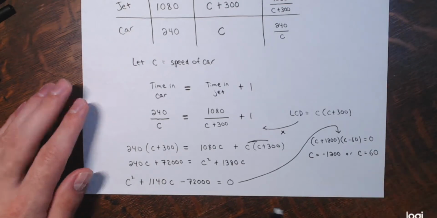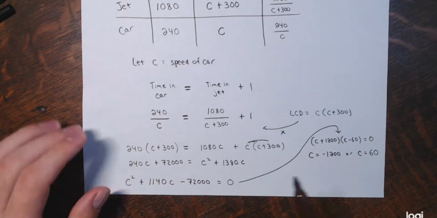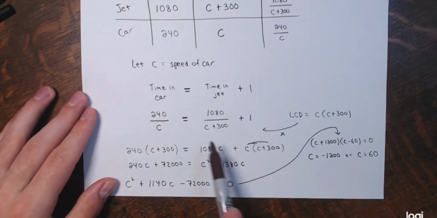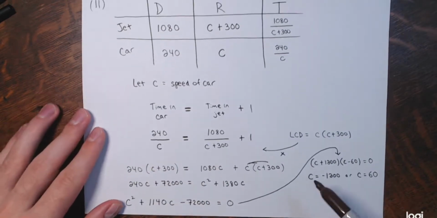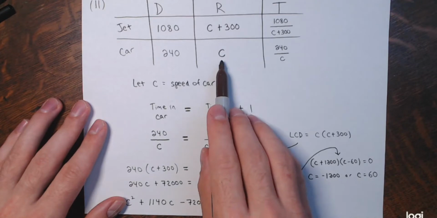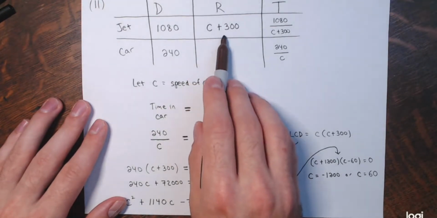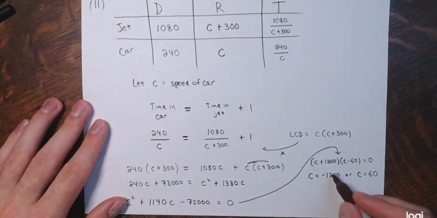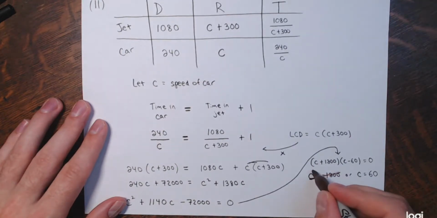And then once again, check, sure, both of these make the equation true, but they don't make sense in the problem, some of them. Right, like the negative 1200, that would mean the car was going negative 1200 miles an hour and the jet was going negative 900 miles an hour, which makes no sense, right? You shouldn't have negative speed.